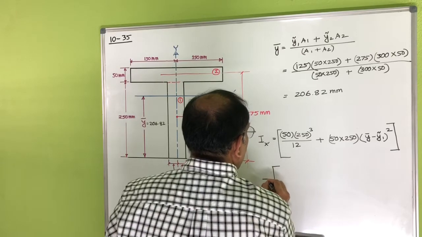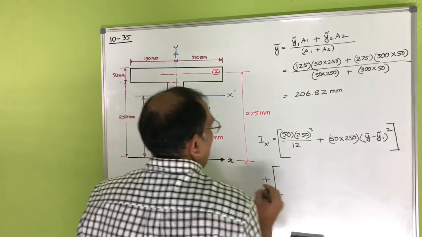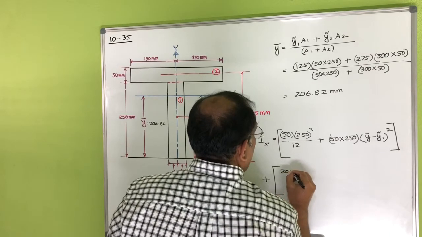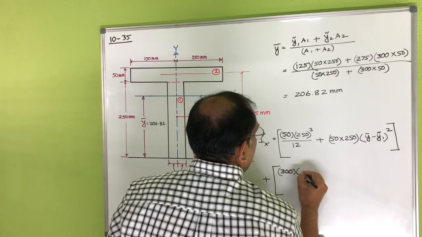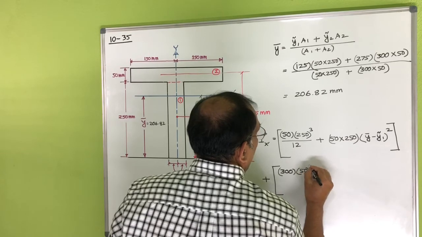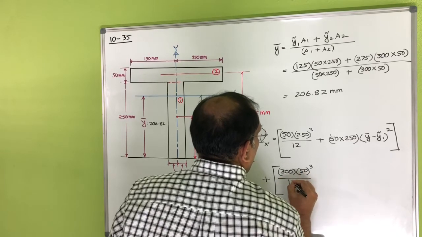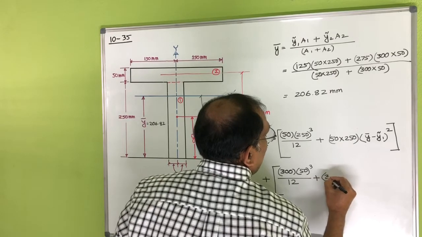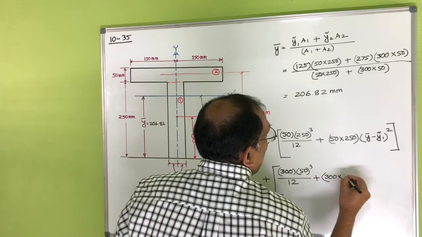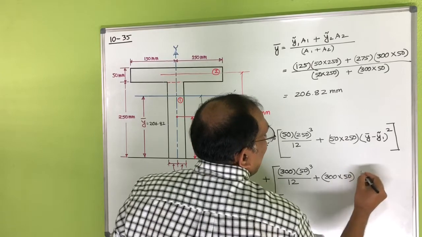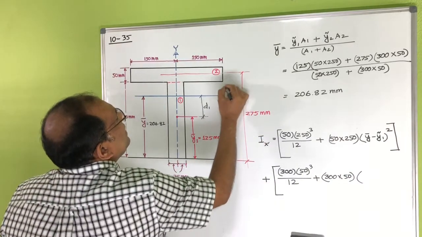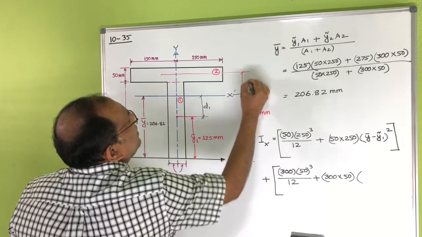And then plus, for the second component, which is 300 b into h cubed, that's 50 cubed divided by 12, plus AD square, which is 300 into 50, and d square means the distance from here to here.